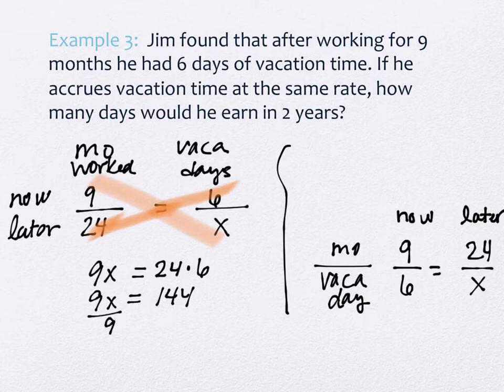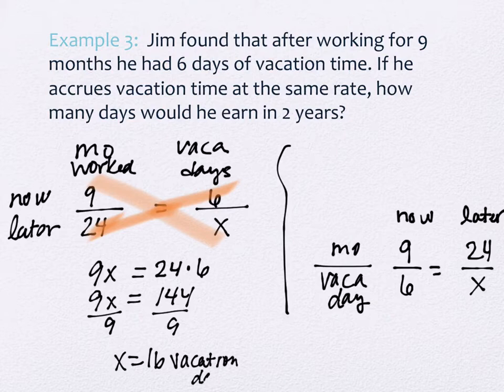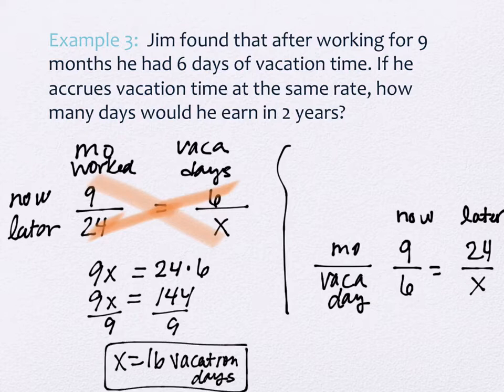And then what is that divided by 9? 16. And we're working with things that have context, so our answers should have context as well. So it's 16 what? Vacation days. Yeah. Minimum, you need to use the word days because we're talking about days. Vacation is an adjective that further gives us good description, but a little bit optional. Any questions on that?